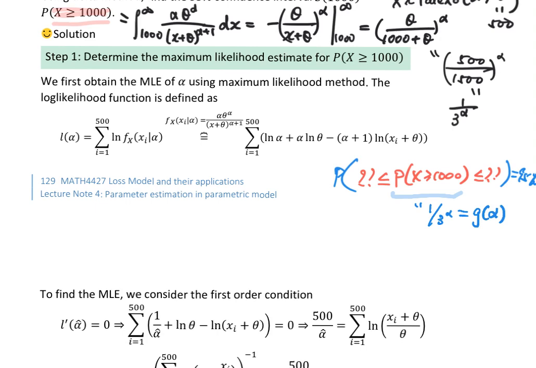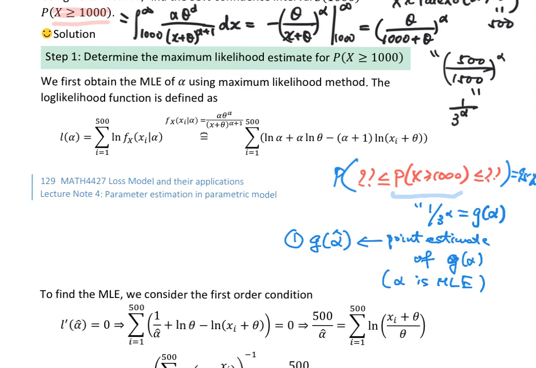In order to get this confidence interval, we need g(alpha hat), which is the point estimate of g(alpha). Of course, here alpha hat is your MLE.